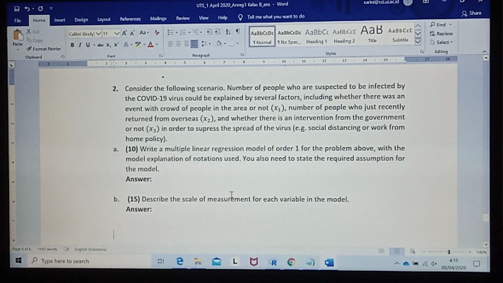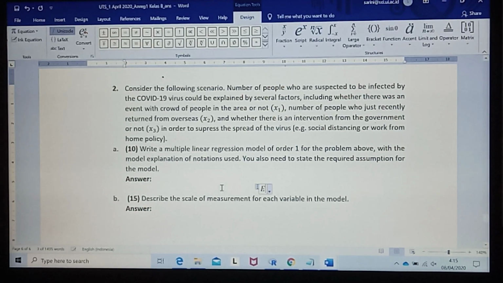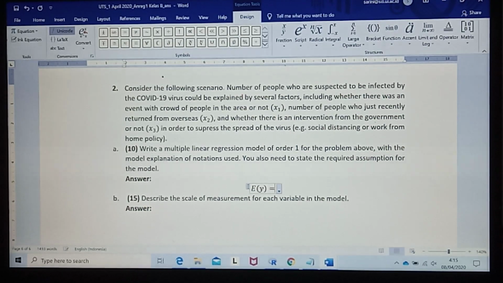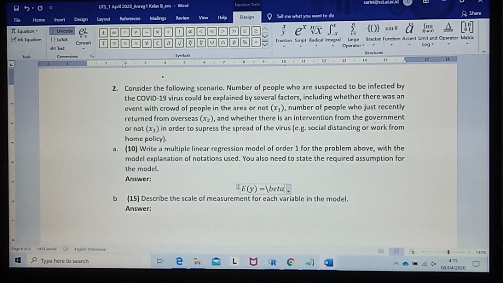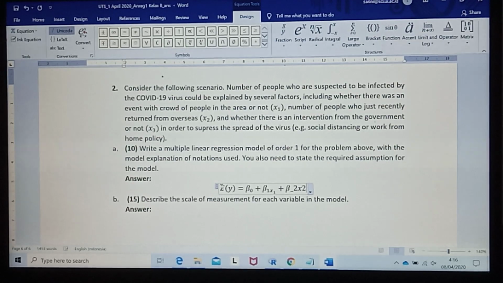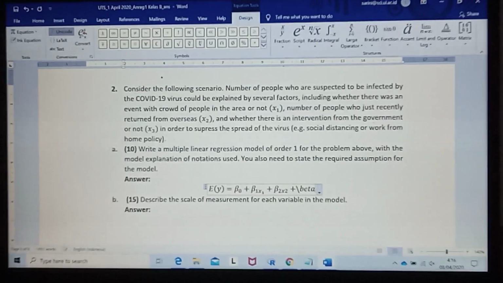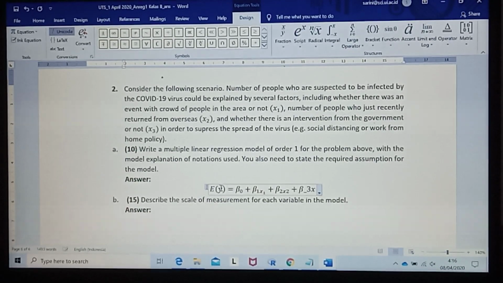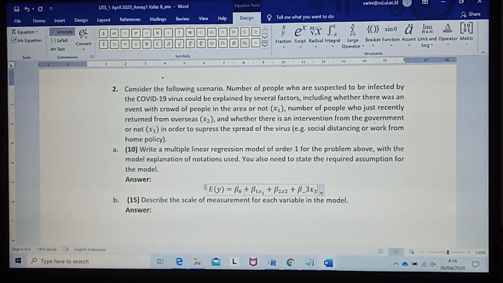If we want to model that using multiple linear regression of order 1, then our model is that expected y equals beta naught plus beta 1 x1 plus beta 2 x2 plus beta 3 x3.